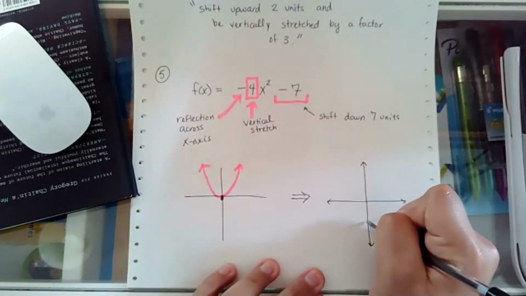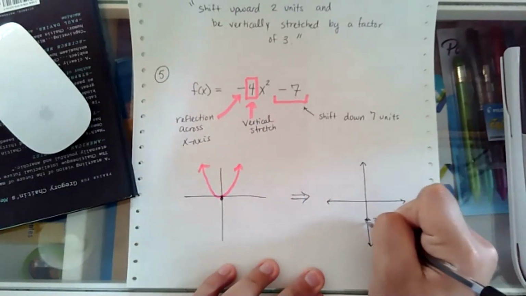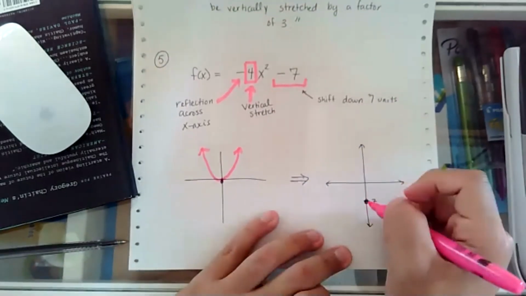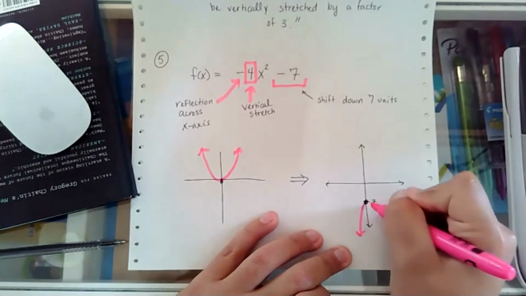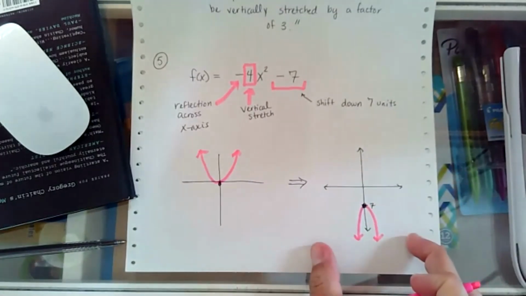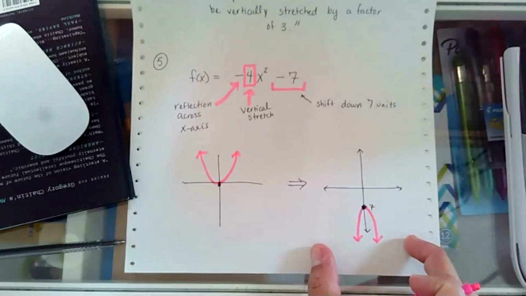So let's say that I'm going to move it down here, and the 7 is right there. I'm going to flip it down and make it a little bit skinnier, something like this. So this is what I should be seeing when I plug this equation into Desmos.